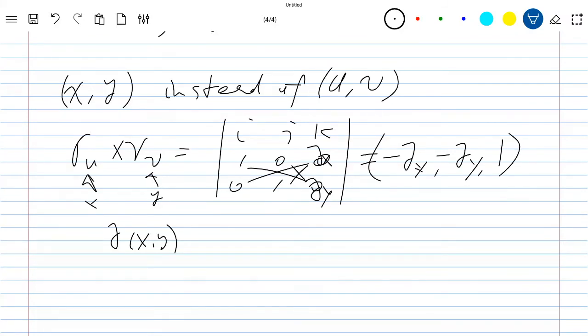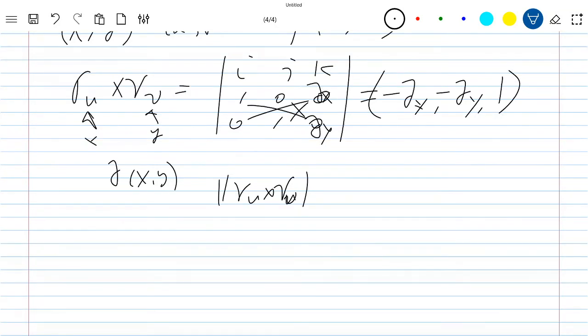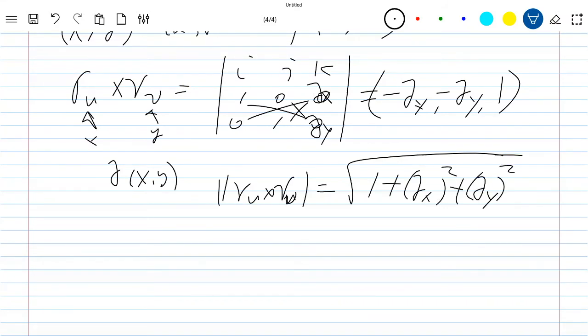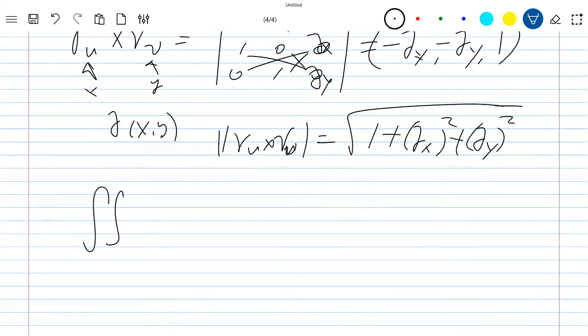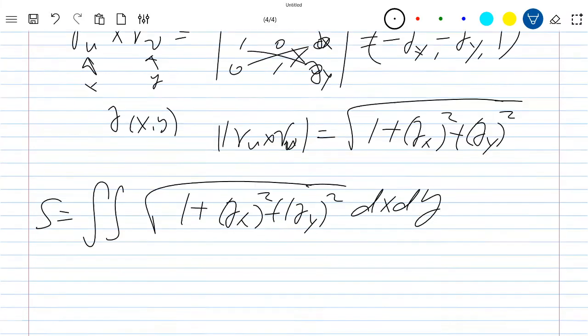Then what's the norm? The norm would be the square root of 1 plus zx squared plus zy squared. And that's what we learned earlier, right? So surface area equals the integral of the square root of 1 plus zx squared plus zy squared dx dy. So that's not new, that's something we know already.